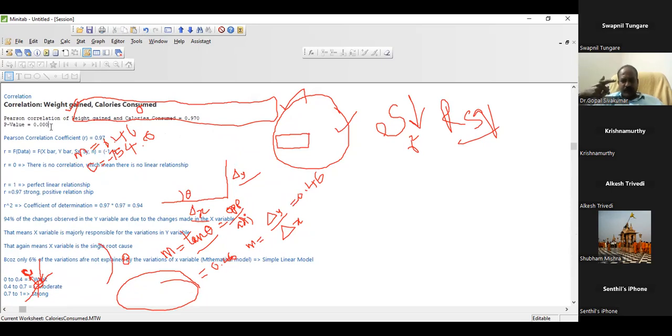That means the factor is significant, since the p-value is less than 0.05. We all know p-value, isn't it? That means the factor is significant.